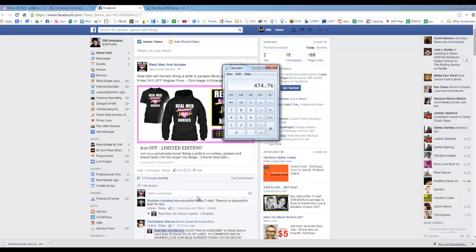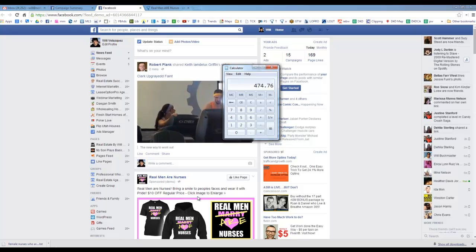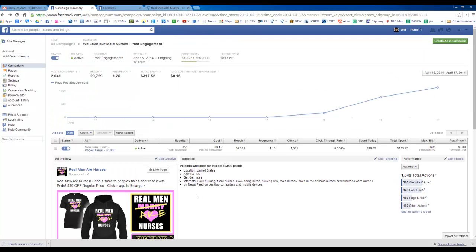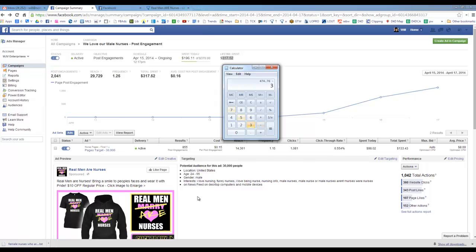We're a little over 48 hours into this campaign, so 474 in revenue, and we have spent on this campaign $372.52. So minus $372.52. Wow. So we've made, can that even be right? Man, we've made a whopping $100 in the last 2 days, which is honestly kind of discouraging.